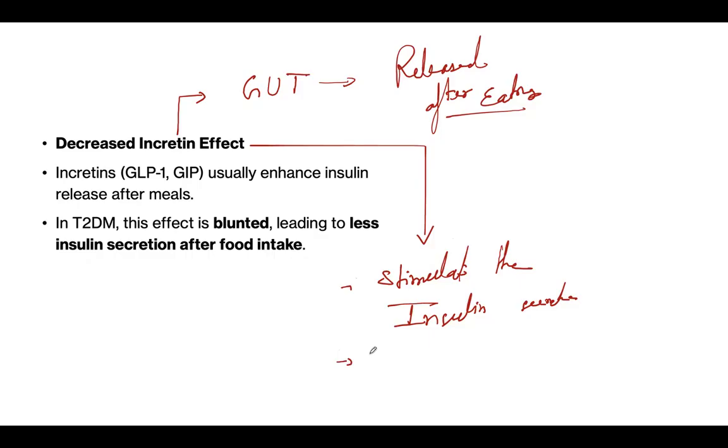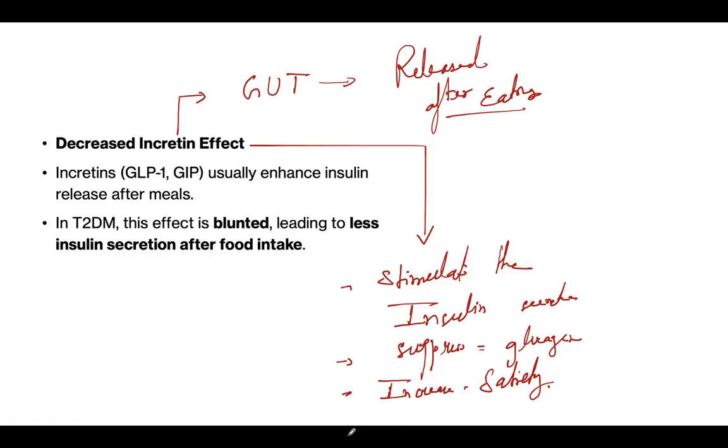They suppress glucagon and increase satiety, so you don't have to eat more and more. So incretin stimulates insulin secretion, suppresses glucagon, and increases satiety.